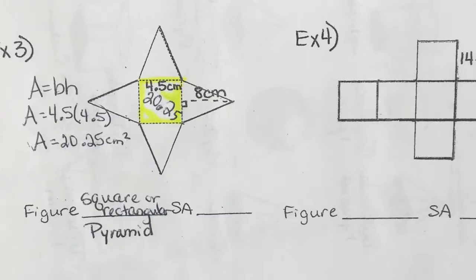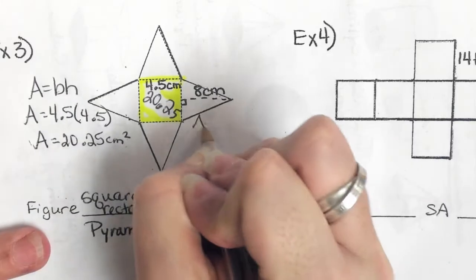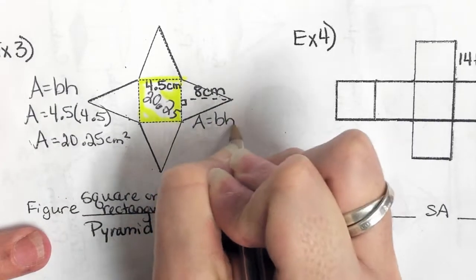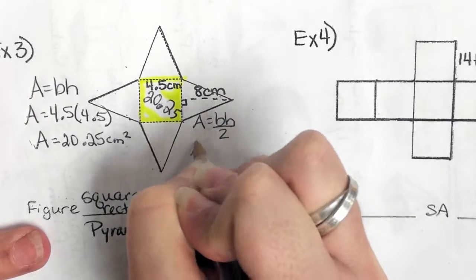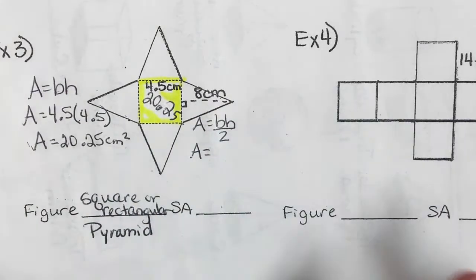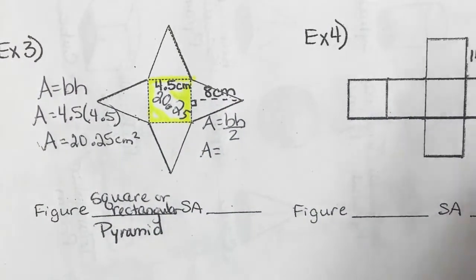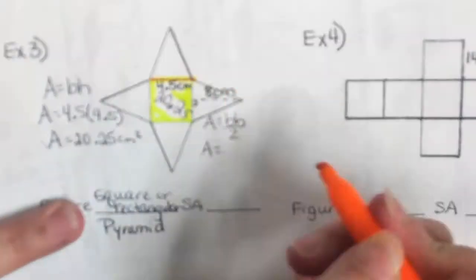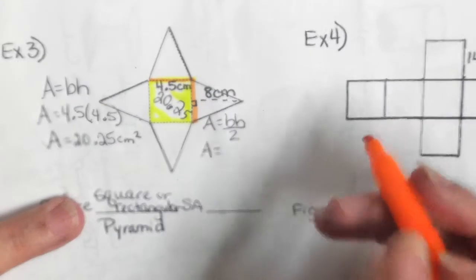Okay. Now I got to work on the triangles. Kind of taking it slow, thinking the formula. I need a base and a height. Okay. So once you think about it, if this one is 4.5, we just said this one is also 4.5, right?